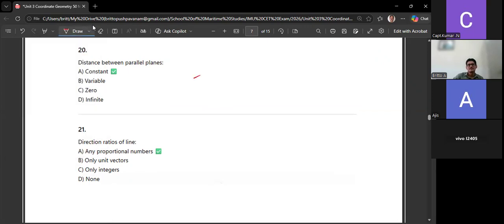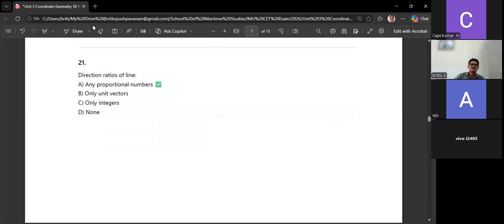So the distance between two parallel lines is always constant. It is not a variable. Variable means you get different answers. No, it's always the same. So it is not a variable. It is not 0 also. It is not infinite. So the correct answer is constant. It's a different type of question.